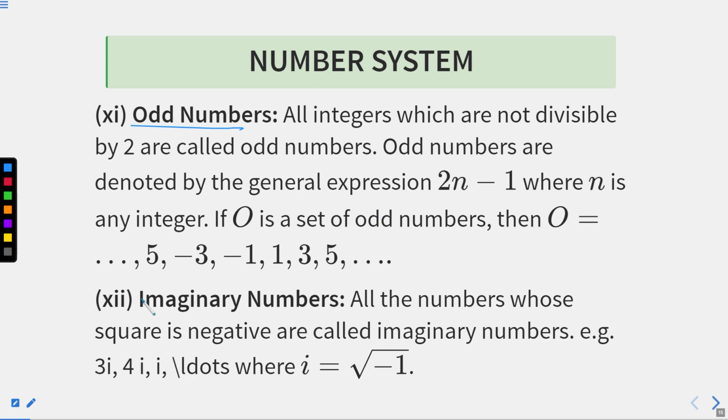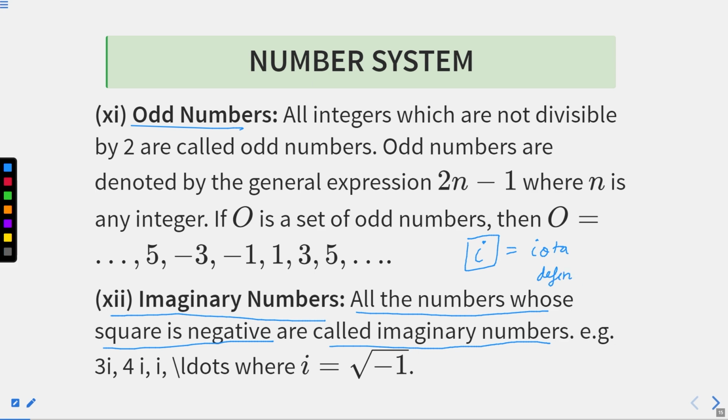Okay, now let's talk about imaginary numbers. Imaginary numbers are just this: if A is any imaginary number, then the square of that number must be some negative number. So all the numbers whose square is negative are called imaginary numbers. For example, i. We denote it by iota, and we define i square is equal to minus 1.